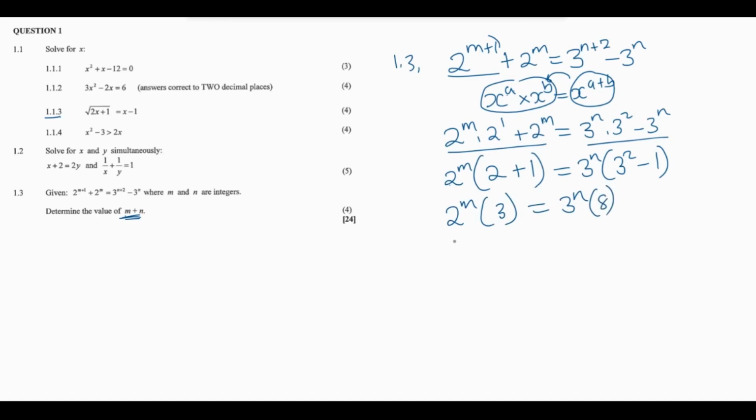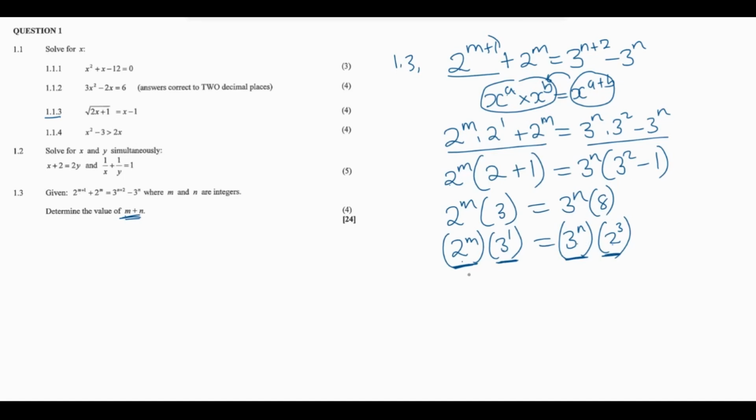If you check here, we have 2 to the power m times 3 to the power 1 is equal to 3 to the power n times 2 to the power 3. So these things are equal, meaning that this 3 to the power 1 must be equal to 3 to the power n. And then 2 to the power m must be equal to 2 to the power 3. Okay, you see that from this you can deduce and say 2 to the power m is equal to 2 to the power 3, then 3 to the power 1 is equal to 3 to the power n.